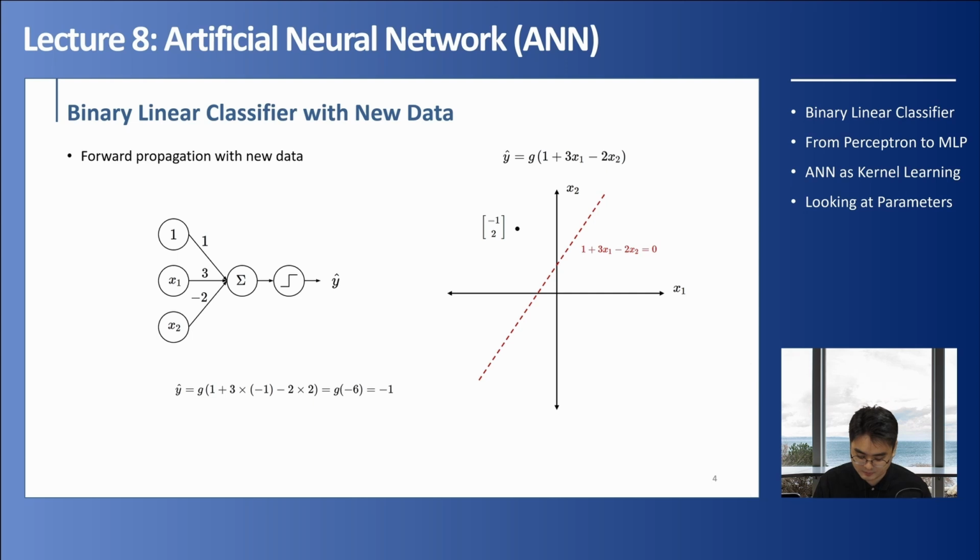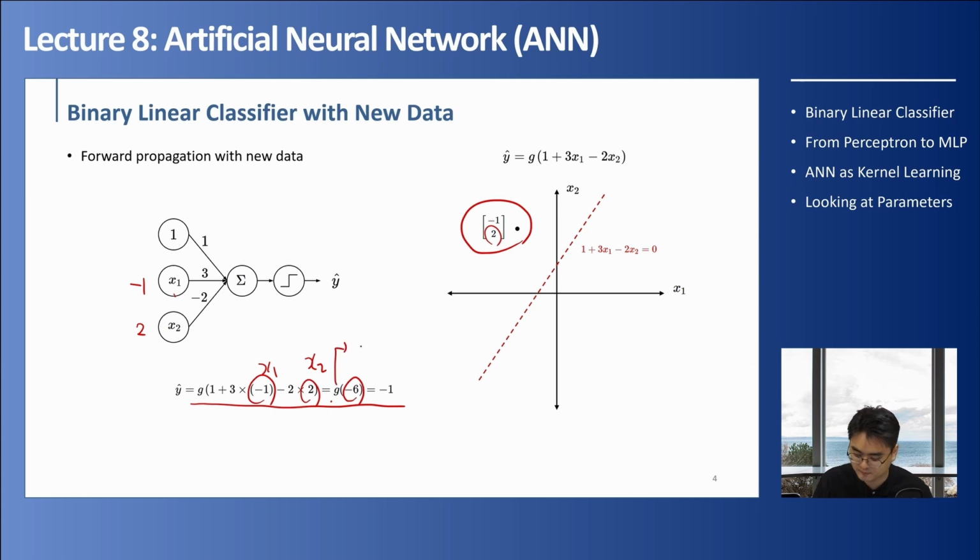As an example, let's try to see the class of this data point, minus 1, comma 2. So we're going to substitute minus 1 into x1 and 2 into x2. If we calculate this, we're going to get minus 6.